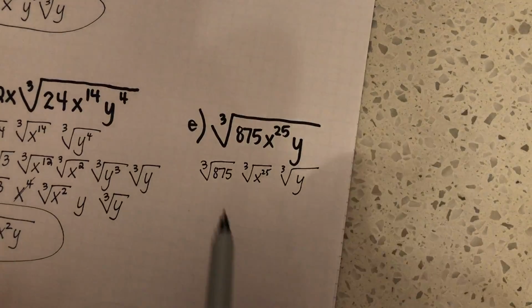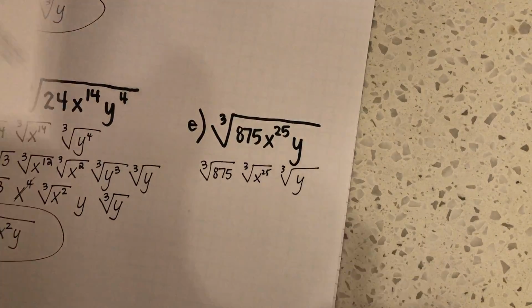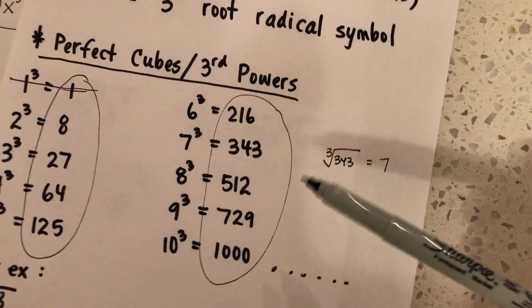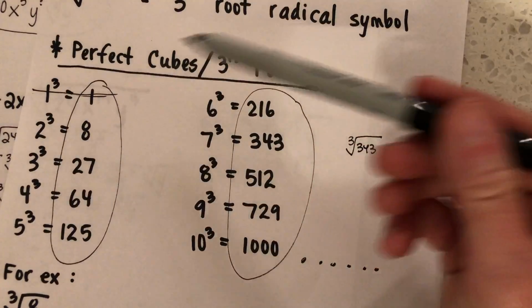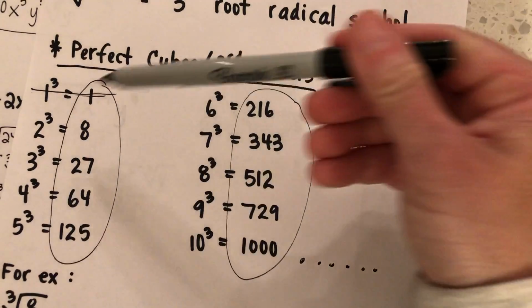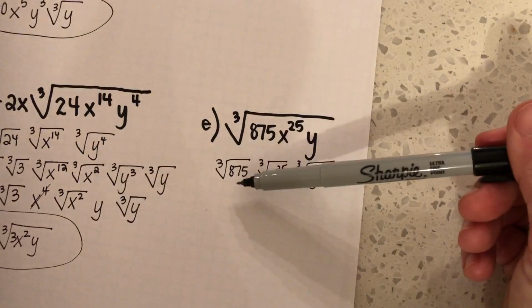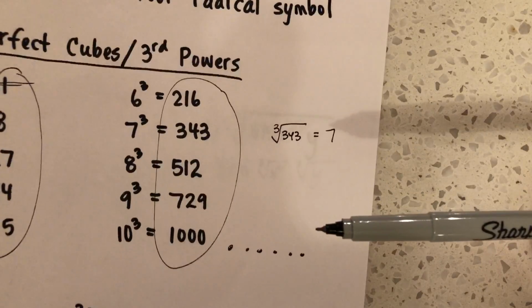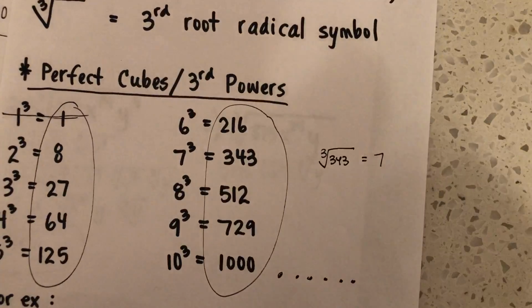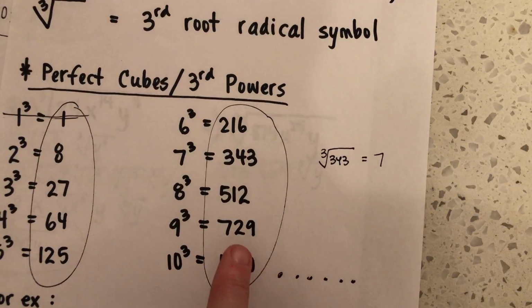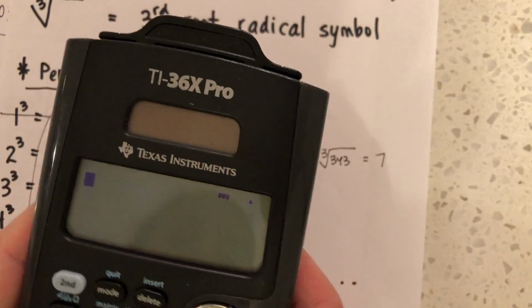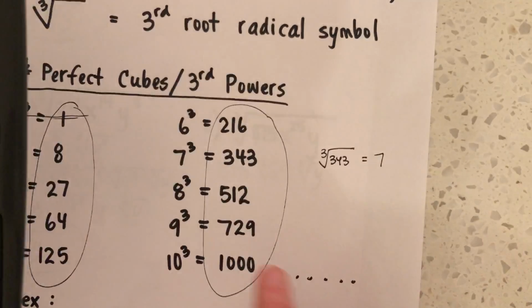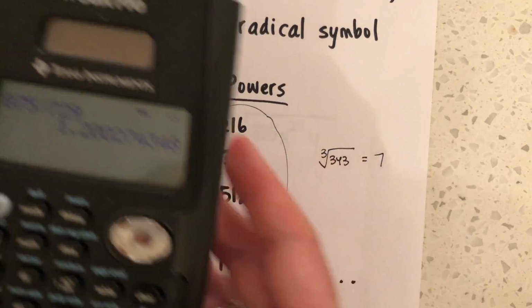Okay, well, let's go to our list. Can I take the third root of 875? 875 is not on this list. So you're looking for the biggest number on this list, if there is one, that divides evenly into 875. All right, so if I'm you, start with a number smaller than 875 and just start testing it on your calculator. Does 875 divide by 729? No, right? Way too big.